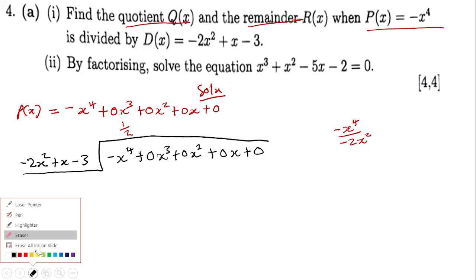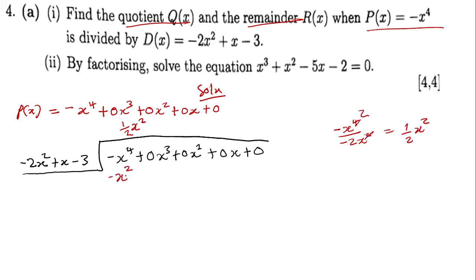So this will give me positive half, and then x to the power 4 over x to the power 2, because that one and that one, they'll give me a 2. So this is giving me half x to the power 2. So half x to the power 2 times that is going to give me negative x to the power 2. If I multiply this guy by that, it's going to give me something like that.